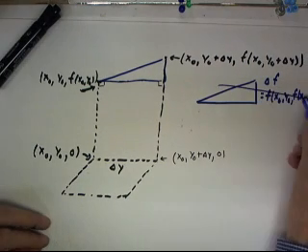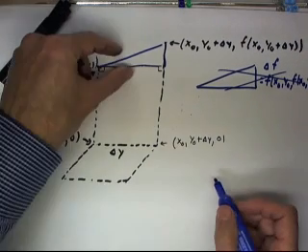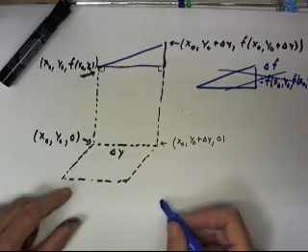So I'm going to pretend I didn't do that. And let's come down here where we have a little more room. I'm just going to move this triangle down here.